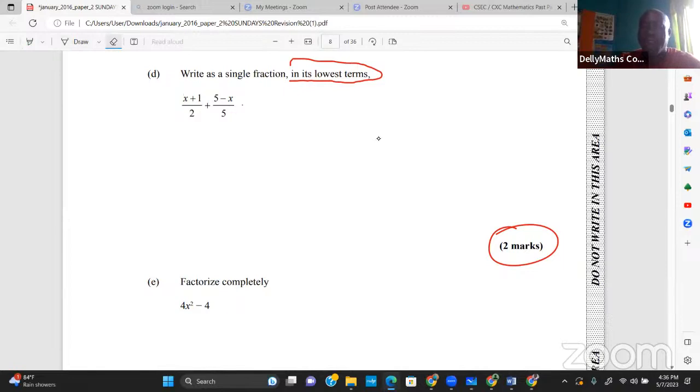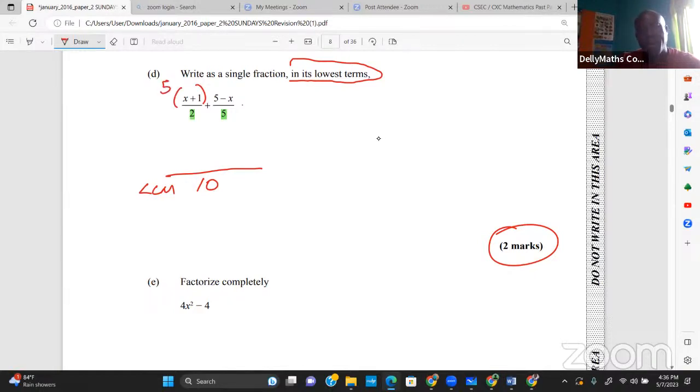So if you're adding fractions, I'll highlight the idea. If you're adding fractions and your denominators are not the same, we normally advise you to do what? Go and find the LCM for both numbers. So the LCM for that would have been 10, right? So 2 into the 10 goes 5 times.